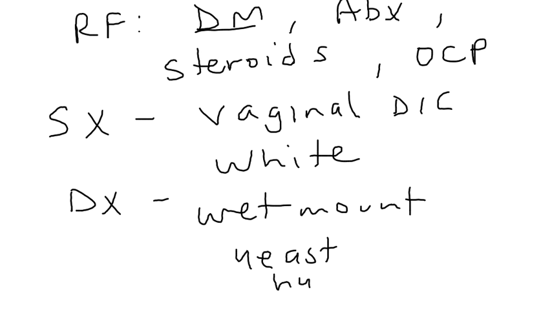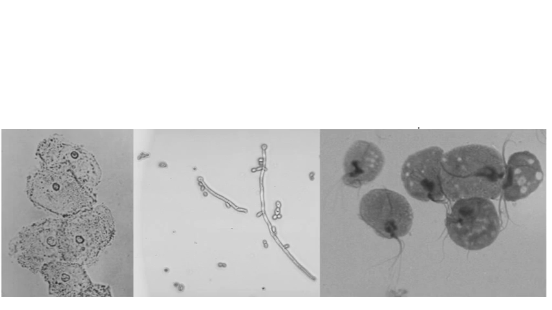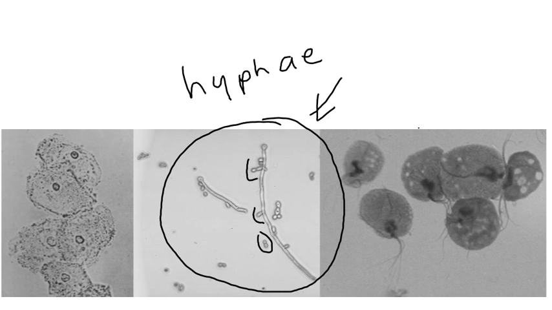And in particular, you'll see these hyphae, and I'll show you what they look like. This is right here. This is a great picture. You can see the stems. You can see the little buds coming out here. You see little budding hyphae, they're called. And this is a very, very classic picture of a wet mount showing the Candida species or pathogen.